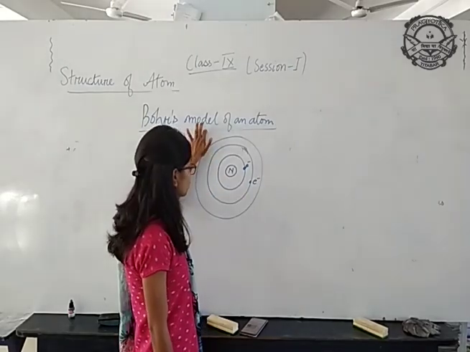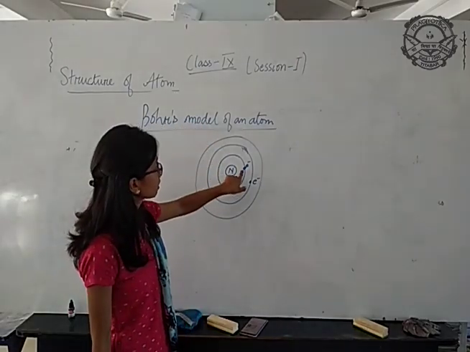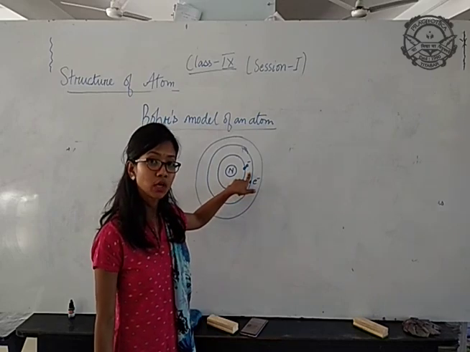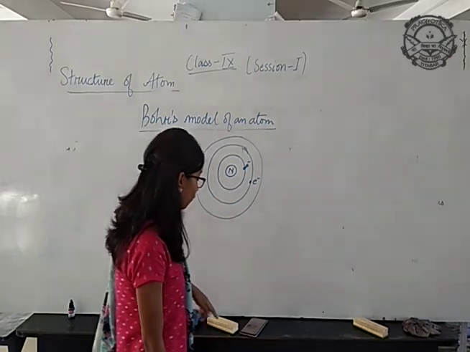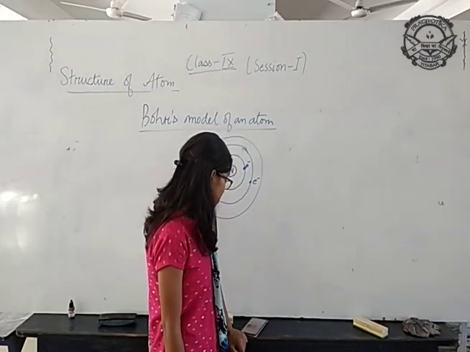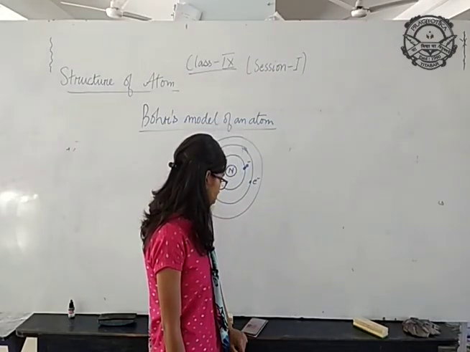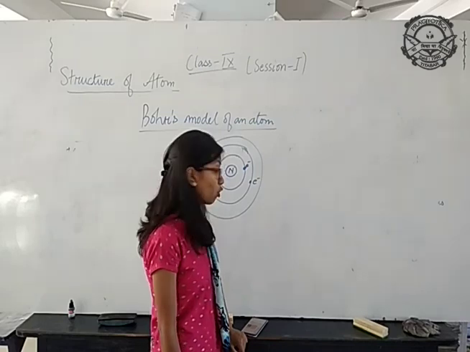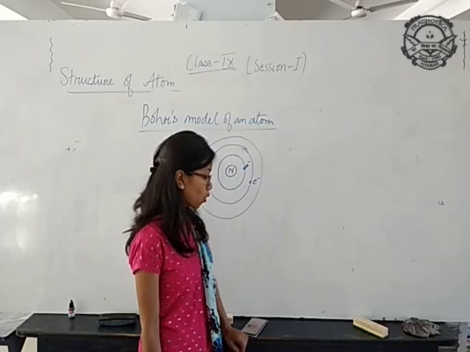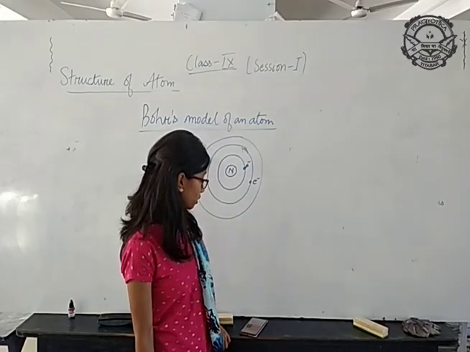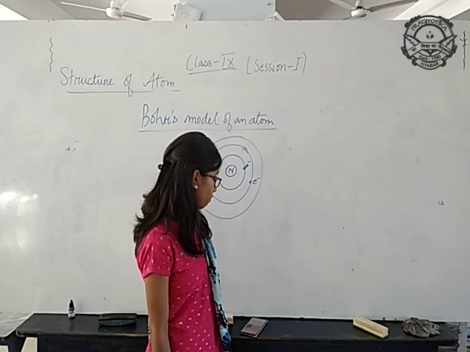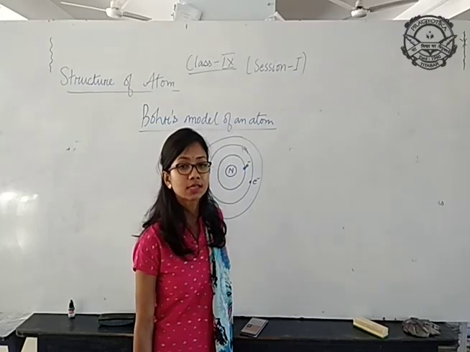Therefore, in Bohr's model, he explained that electrons are permitted in only certain spatial orbits, known as discrete orbits, of the electrons allowed inside the atom.